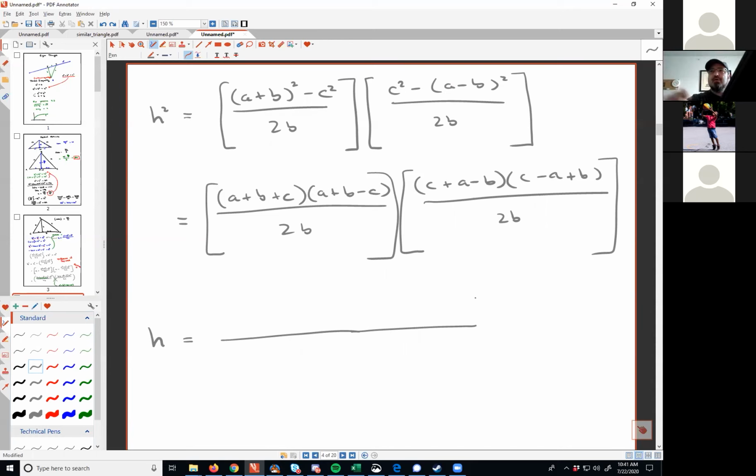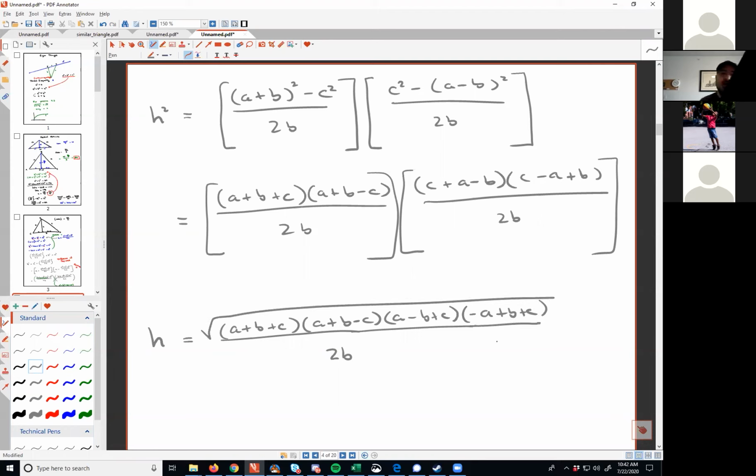When I take that square root, it's still going to be 2b. Well, that's kind of nice. And then in the numerator, we're just going to have all these factors. I'm going to write them like this: a plus b plus c, then a plus b minus c, a minus b plus c, and minus a plus b plus c. That part is going to be underneath a square root.